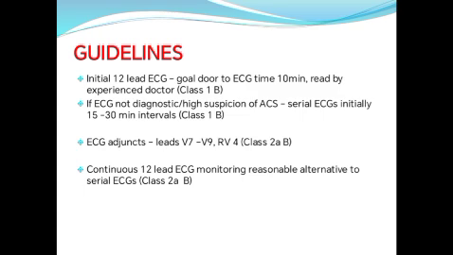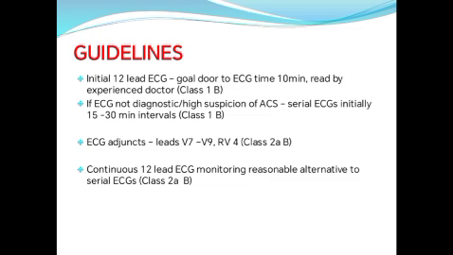If the ECG is not diagnostic or there is high suspicion of acute coronary syndrome, we have to do serial ECG. I already mentioned this. Also, this is a class 1 recommendation, and about every 15 to 30 minutes we have to repeat the ECG.